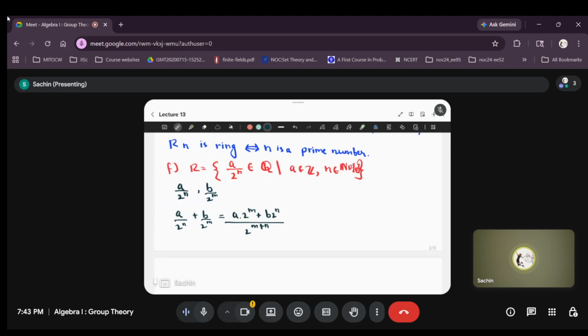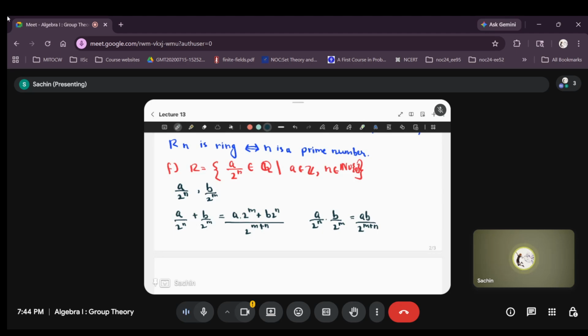Even if there are common factors of the form 2^k that you cancel from numerator and denominator, the denominator will still be of the form 2 to some power. So addition is closed. Multiplication obviously gives ab by 2^(m plus n), again closed.